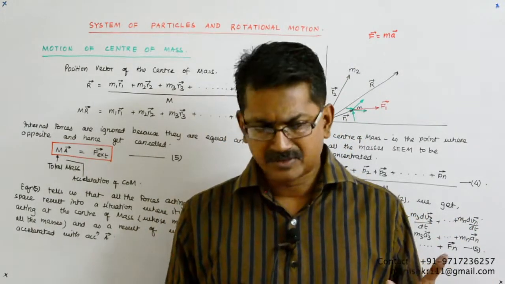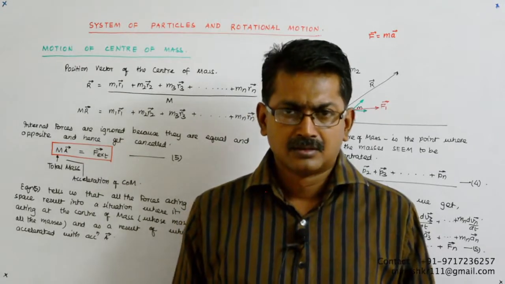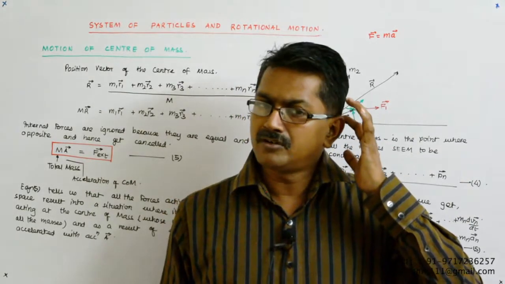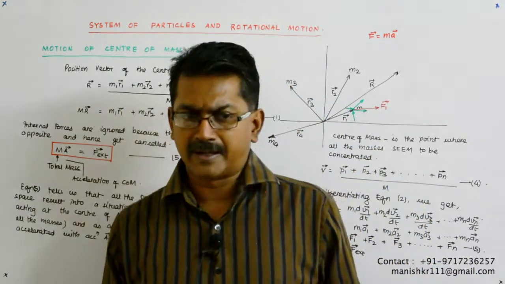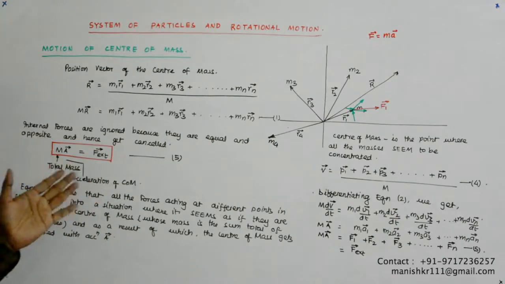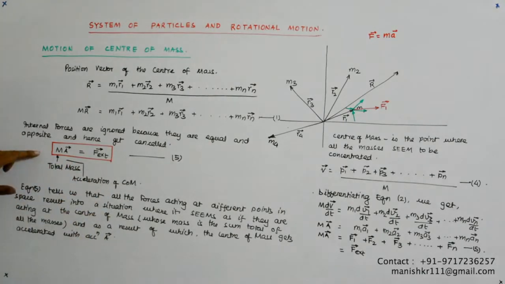It will never happen that way. So when I had to extend my Newtonian laws, I had to go to the system of particles, and everything had seemed to be crumbling had this not come to your rescue. It is that significant an equation.